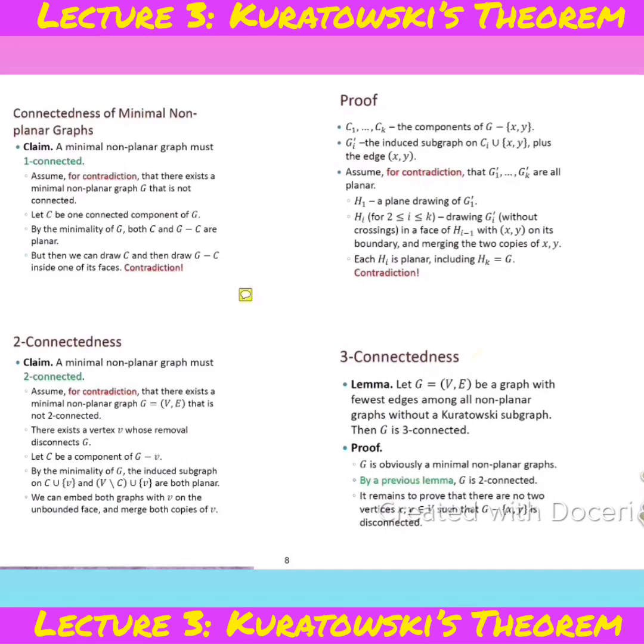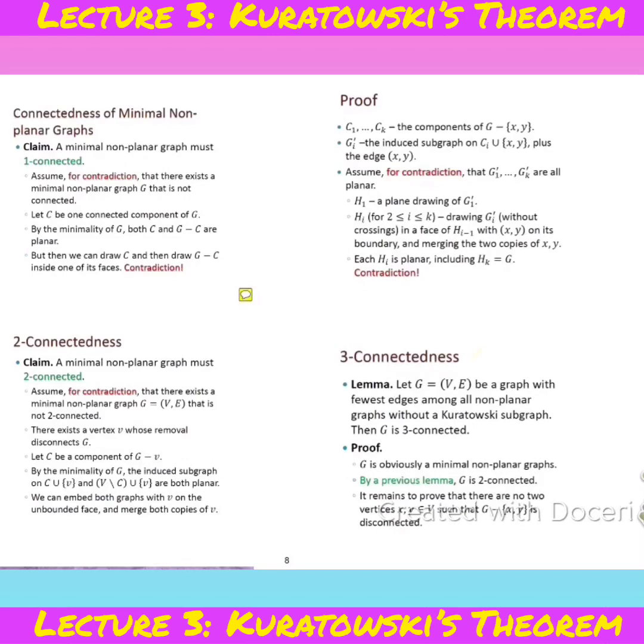Last week we started proving that if a graph has no Kuratowski subgraph, and remember a Kuratowski subgraph is a subdivision of K5 or a subdivision of K3,3, then it has to be planar. Our aim is to prove that by contradiction.